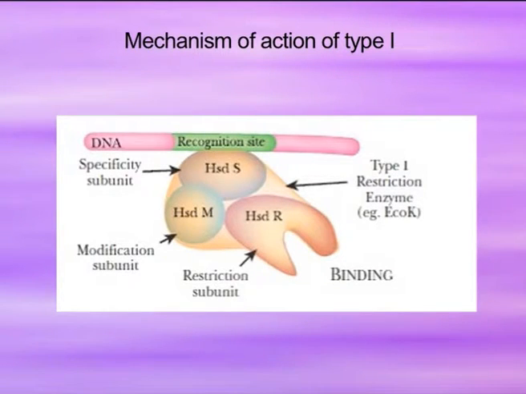Now let us move to the mechanism of how the cleavage is performed by type 1 restriction enzyme. We will see the proposed model for cleavage. As shown in this diagram, we can see the type 1 restriction enzyme containing a specificity unit along with its restriction units recognizing a non-methylated target sequence.